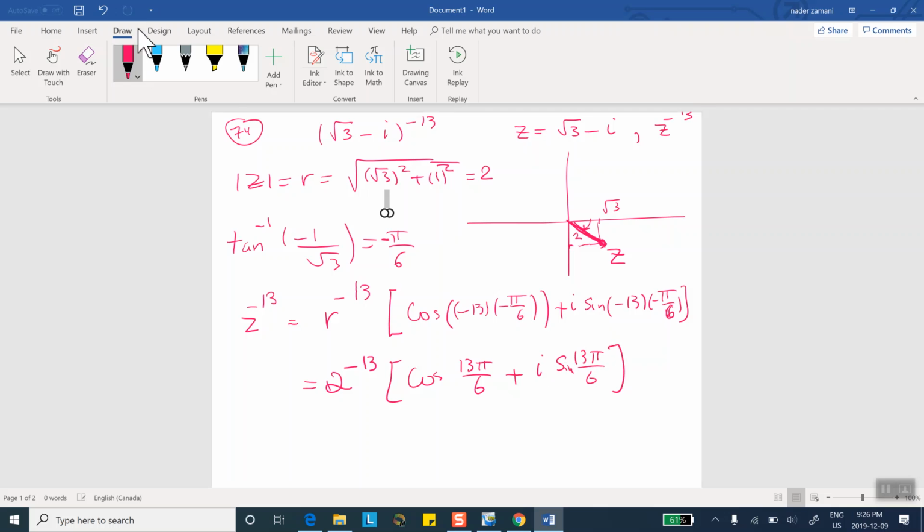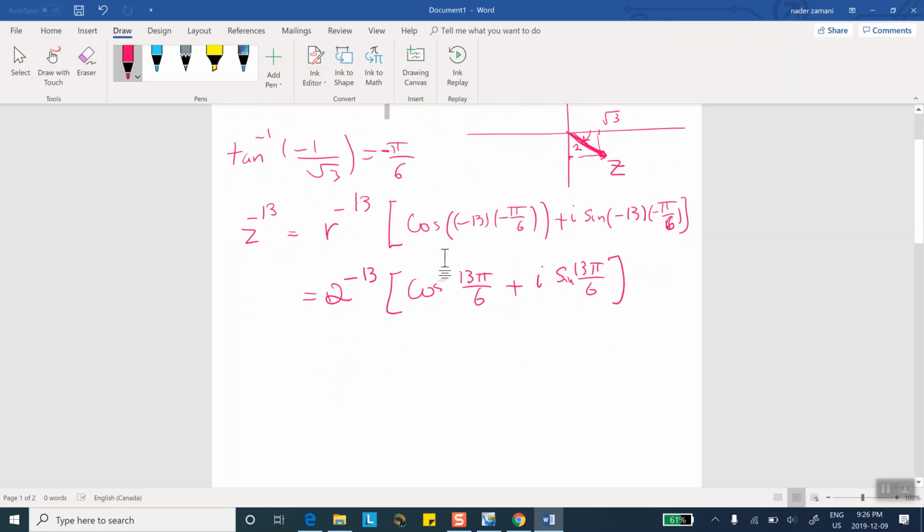This is perfectly okay, but probably the answer in the book is not going to be like that. So 2 to the minus 13, of course, stays. The book probably thinks about this as 2 pi plus pi over 6. That means this is going to be cosine of pi over 6, and this is going to be i sine of pi over 6 also.